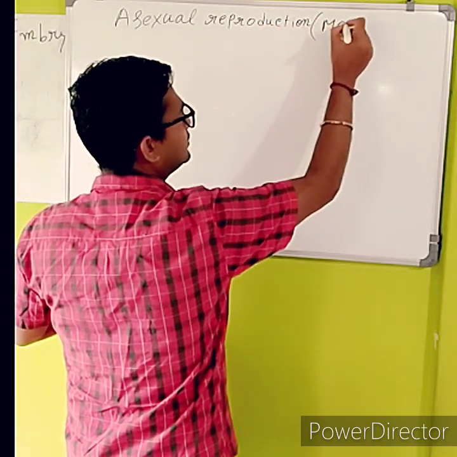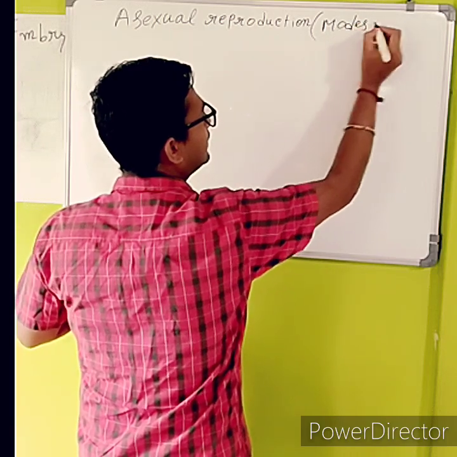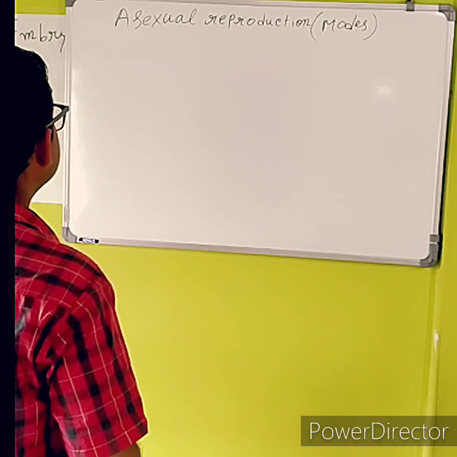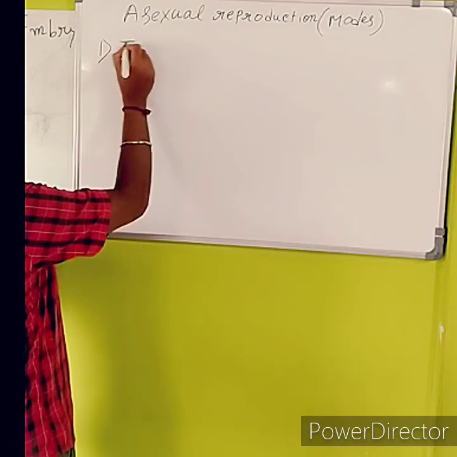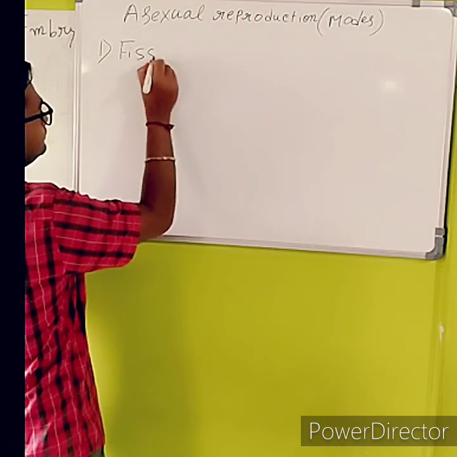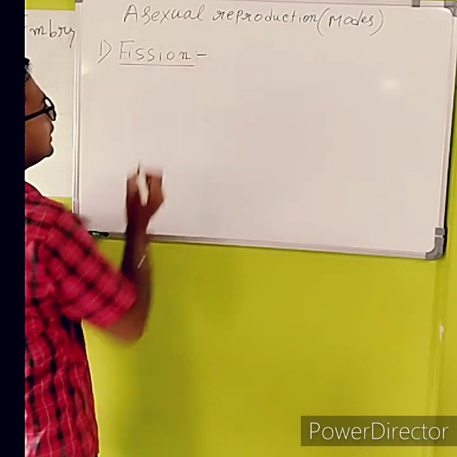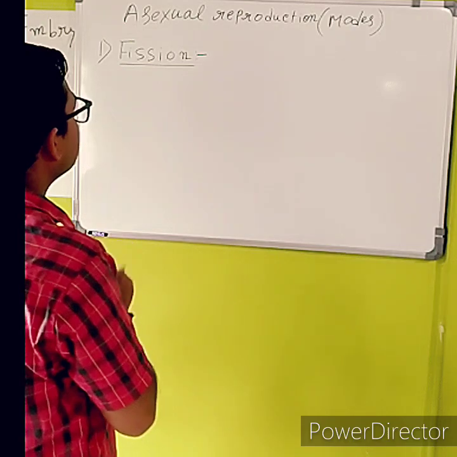There are several different modes of asexual reproduction commonly observed in organisms. The first one is fission.